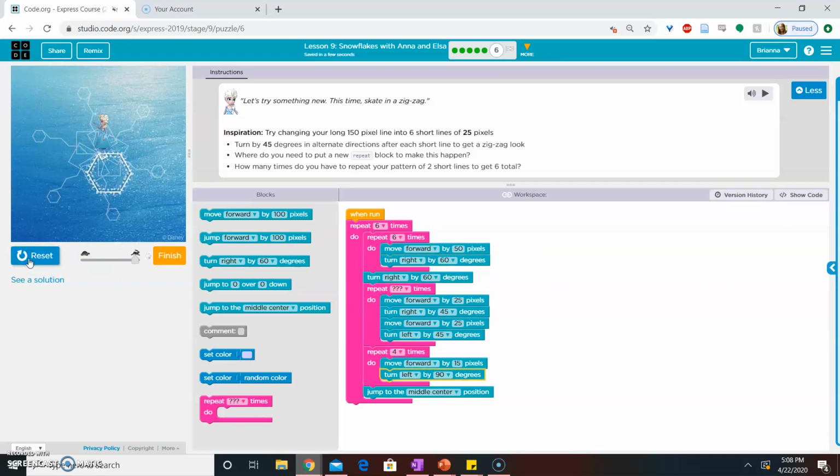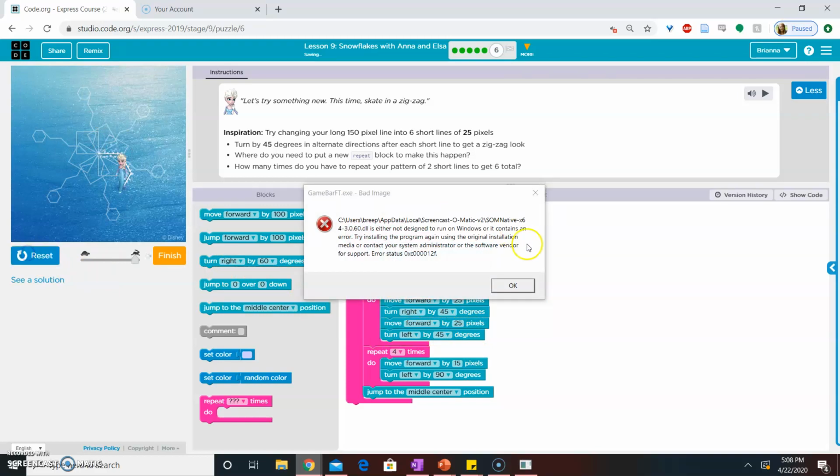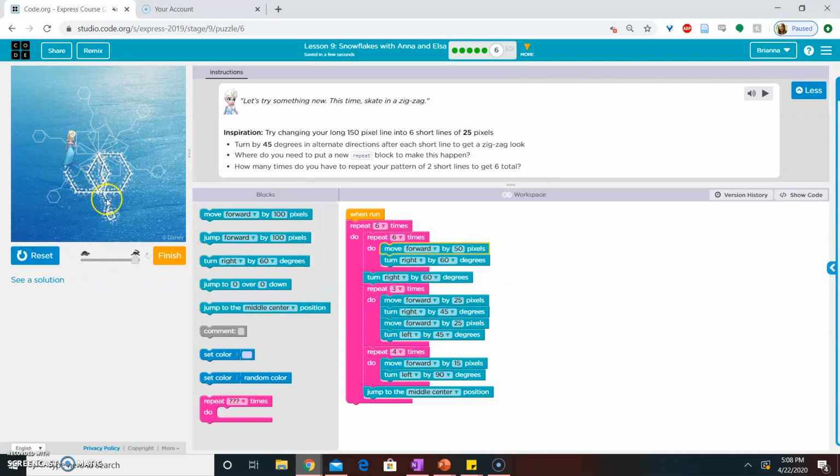See what this does. Oh, I forgot to tell it how many times to repeat this. I'm going to do 3 because I want 6 total. I have 2 lines in here. There we go. She's making a zigzag.